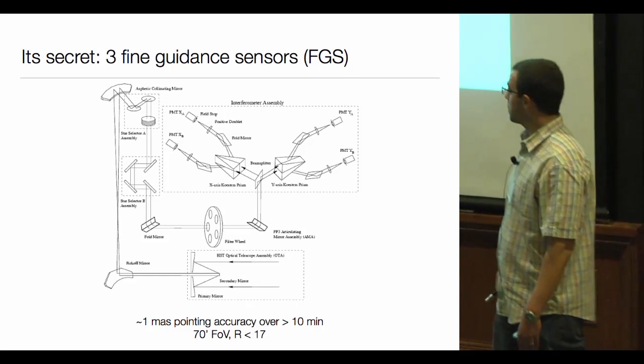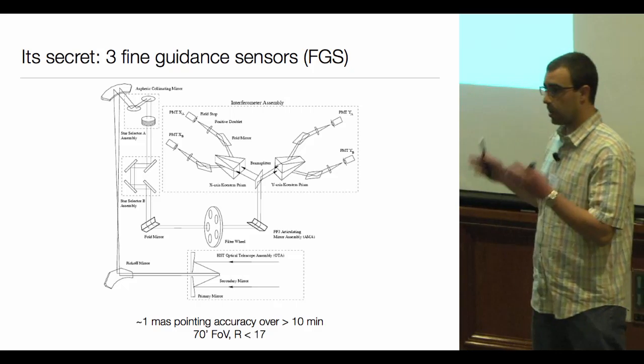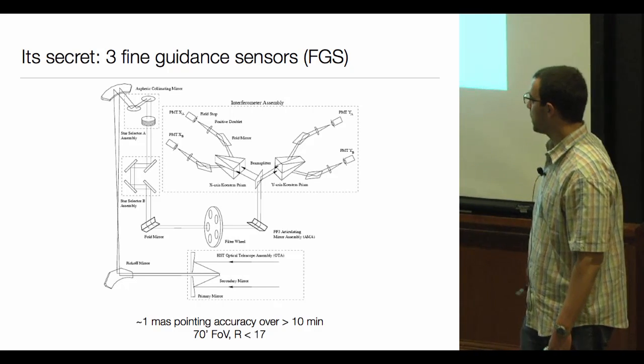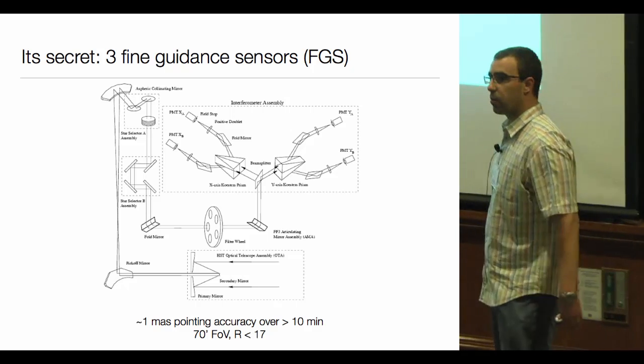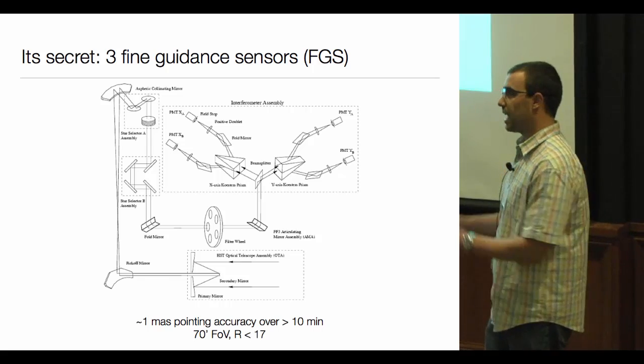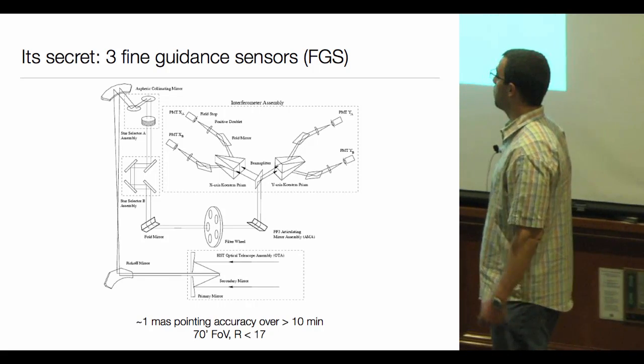These fine guidance sensors, multi-million-dollar equipment, are ensuring 1 milliarcsecond pointing accuracy over timescales of regular typical exposures for HST, which is 1/100th of the size of the point spread function of the telescope.